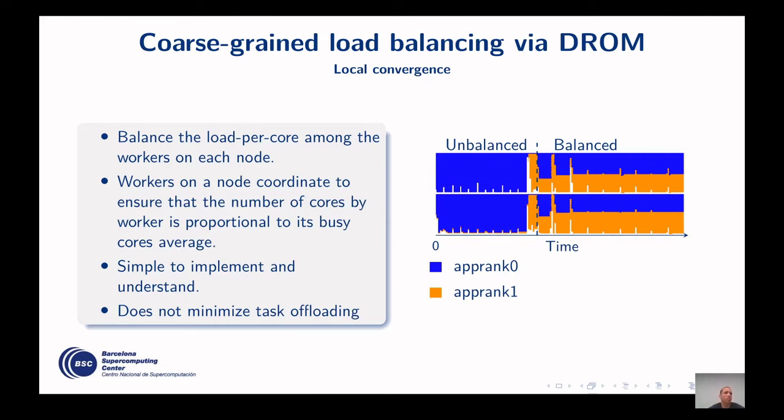This is simpler to implement and understand, but as a drawback, it doesn't minimize the amount of task offloads or communications. We can see here on the right that even after the application gets balanced, it still offloads work between the 2 nodes, even when it is not necessary.